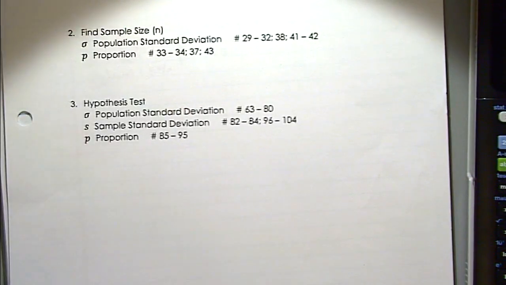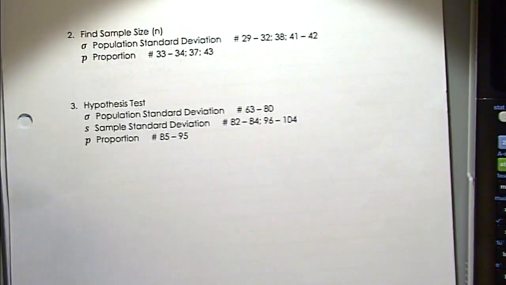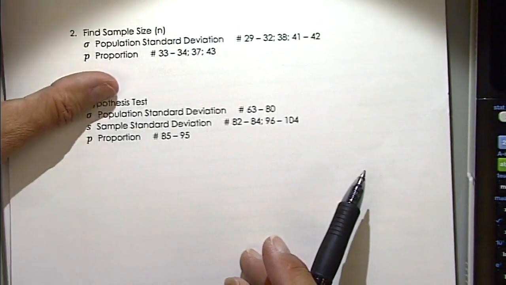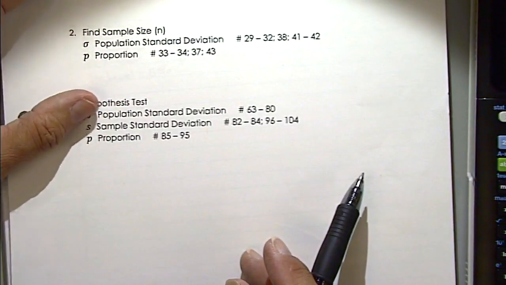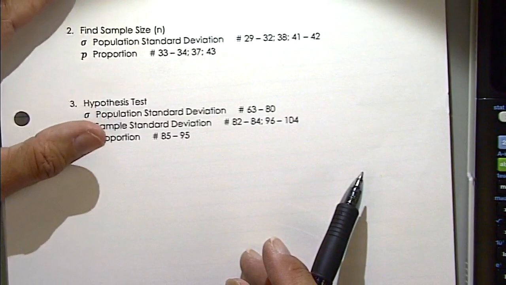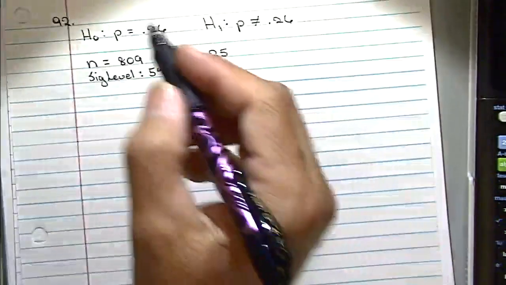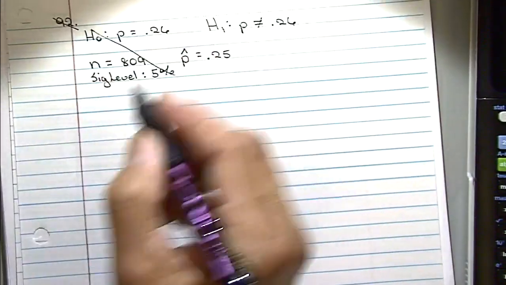So we're going to have to just do one of the one-tailed tests. All right, we'll do number 85. It's just going to be a one-tailed test, sorry, but you've already had an example of a two-tailed. So let's change this one to 85.